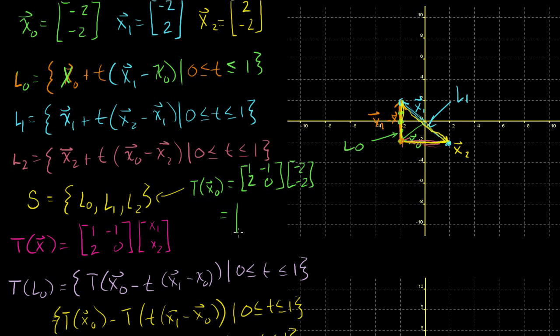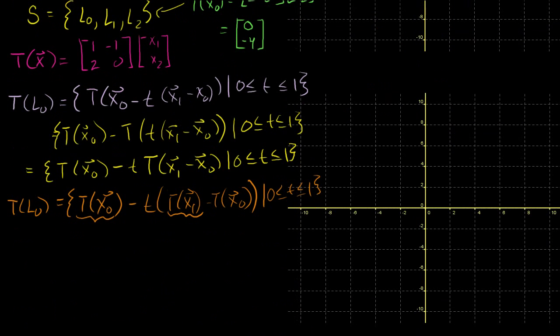So what would this be equal to? It's 1 times minus 2 plus minus 1 times minus 2, that's going to be a plus 2. So it's minus 2 plus 2, which is equal to 0. And then we have 2 times minus 2, which is minus 4, plus 0 times minus 2, so it's minus 4. So that's the transformation of x naught.